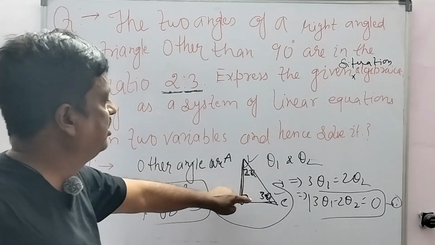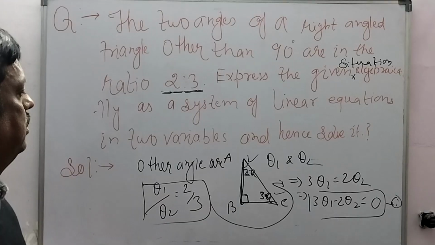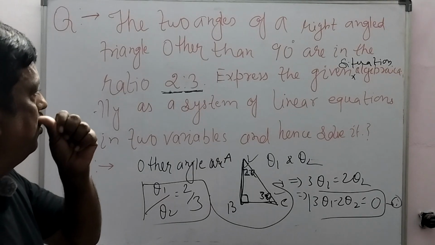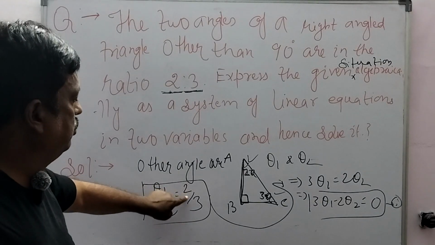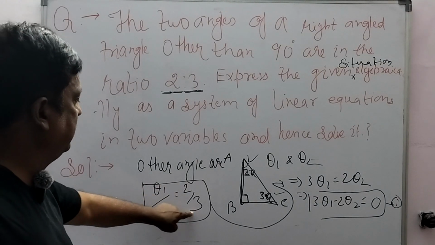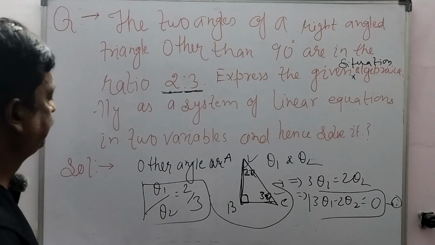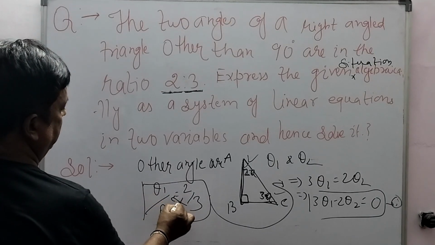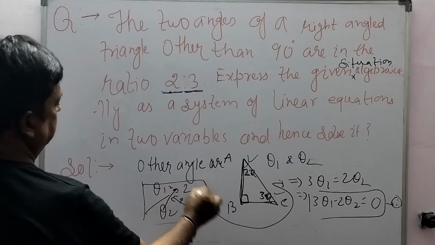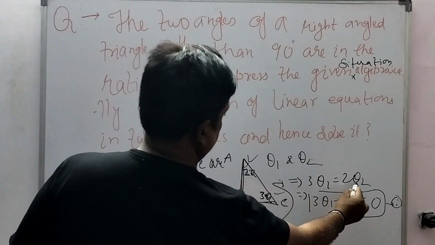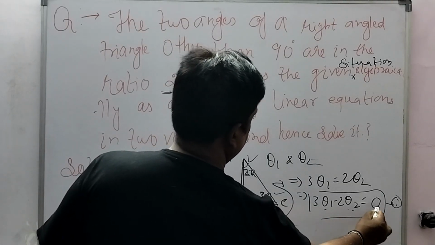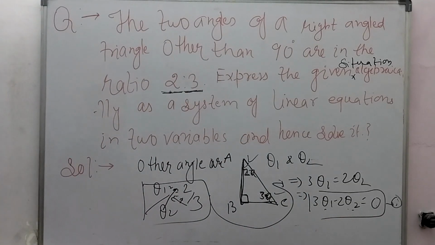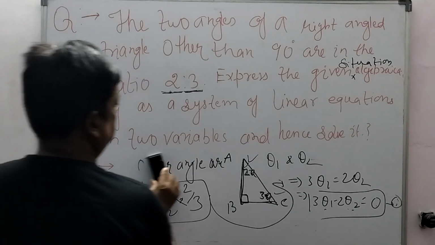If theta 1 and theta 2 are the angles other than 90 degrees, then theta 1 by theta 2 equal to 2 by 3. Cross multiply, means 3 theta 1 equal to 2 theta 2. That means 3 theta 1 minus 2 theta 2 equal to 0. That is one linear equation formed.